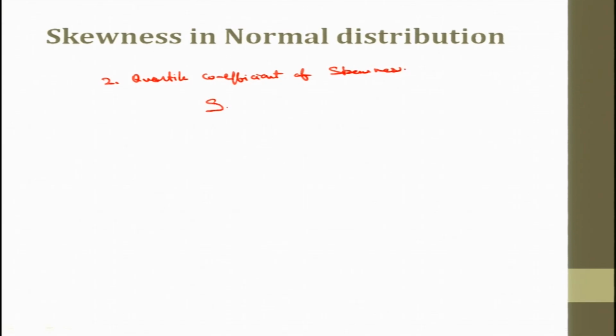I can say S skewness due to quartiles is equal to Q3 minus median minus Q1 over Q3 minus Q1.